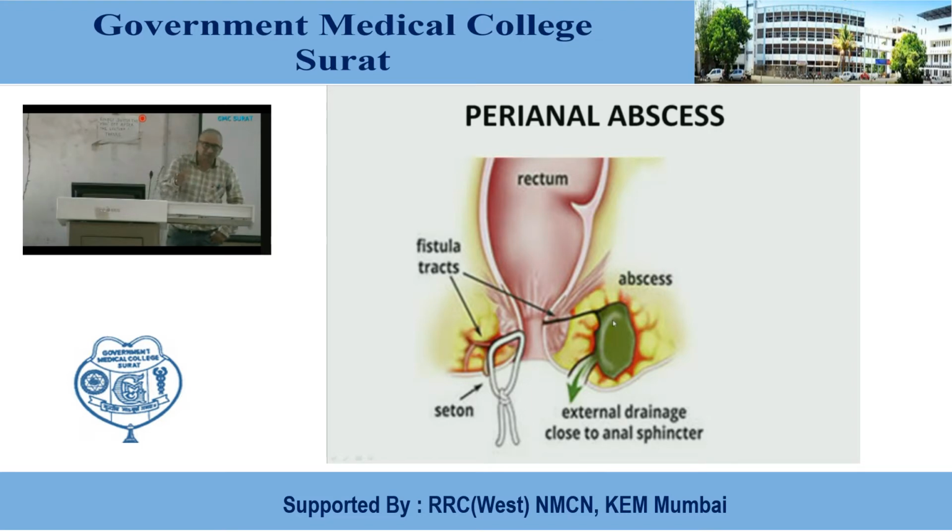Now this abscess, or the pus in the abscess, may find its way in different directions. Here one can see the abscess bursting from the skin. That is the external drainage of the abscess, external bursting in the skin. Sometimes the abscess finds its way inside the anal canal. So one can see this black line, which is a tract formed by this abscess, and the abscess passes through the tract into the anal canal.